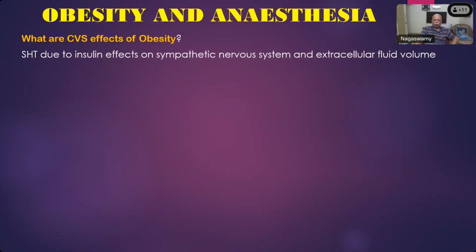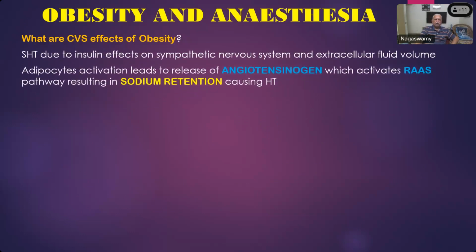extracellular fluid volume. These are the two reasons for systemic hypertension. Then adipocyte activation leads to release of angiotensinogen, which activates the renin-angiotensin-aldosterone system pathway, which results in sodium retention, which is also a reason for the development of hypertension.